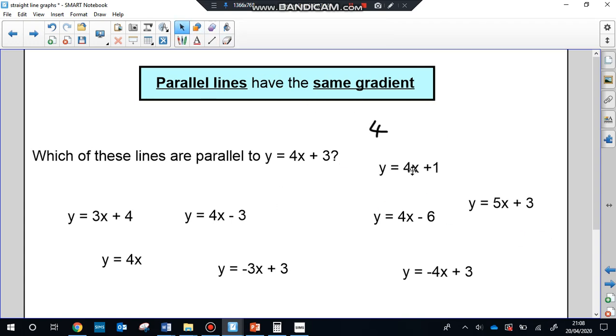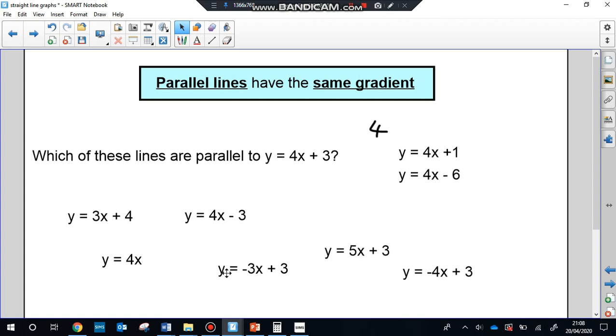Well, this one here does, and this one here does. This one has a gradient of 5, so that's not going to be parallel. Let's put it over here. This one here has a gradient of -4. Well, that's not a gradient of 4, so this has to come over here out the way.